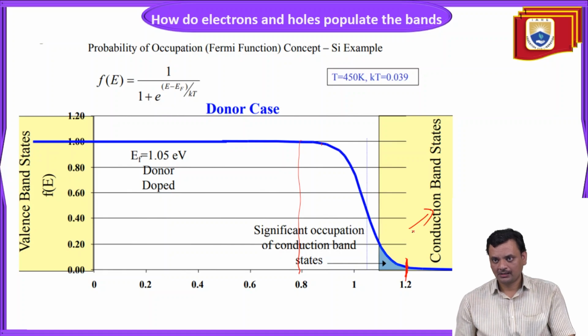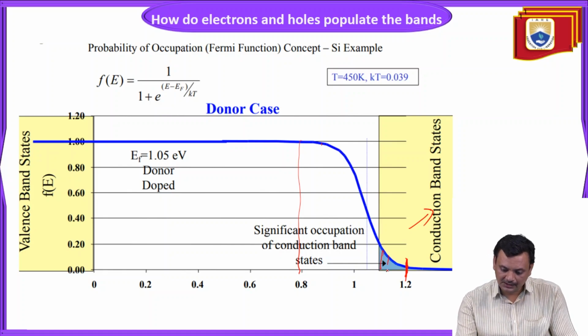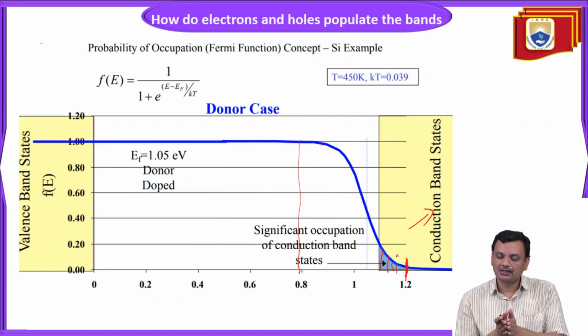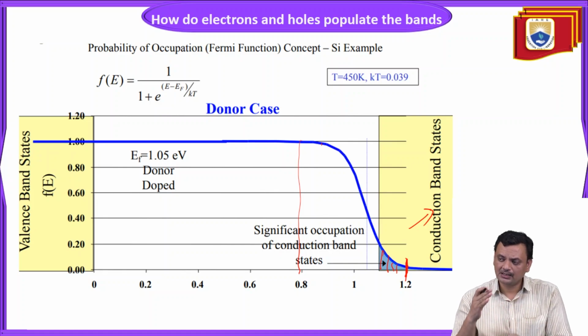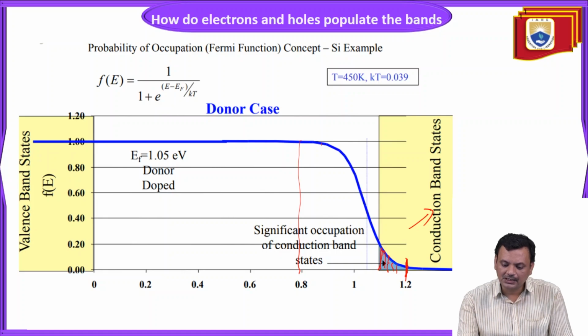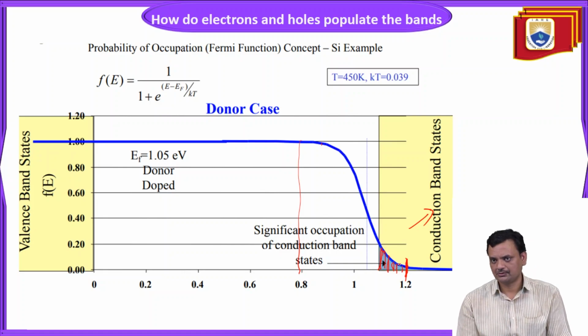Okay. Here, even in the conduction band, there are some levels where there is some chance that electrons or charge carriers will occupy the energy levels in the conduction band also. That's why in the N-type semiconductor, electrons are available in the conduction band so that it will conduct.